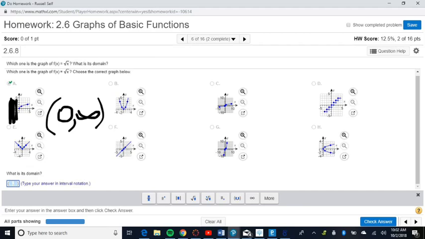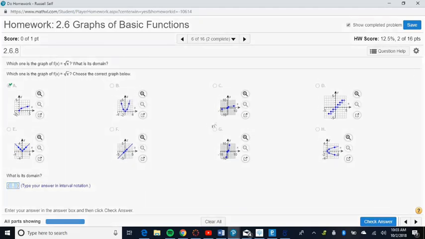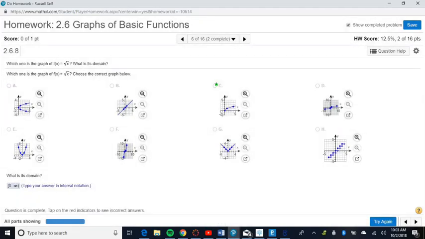And I'm just going to click on check the answer because I can't seem to make these things click right. Let me just show you the completed answer. So there you see from 0 to infinity. And again, because it's a hard stop, they give you the 0 with the bracket instead of the parentheses. Okay?